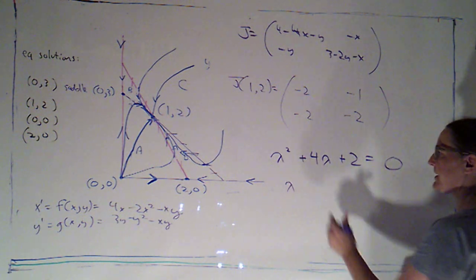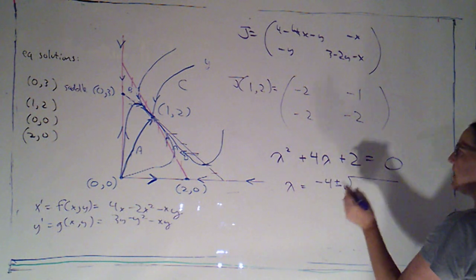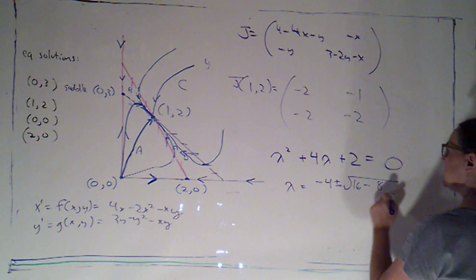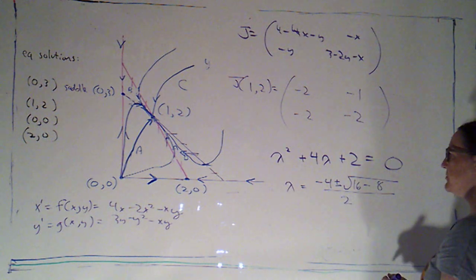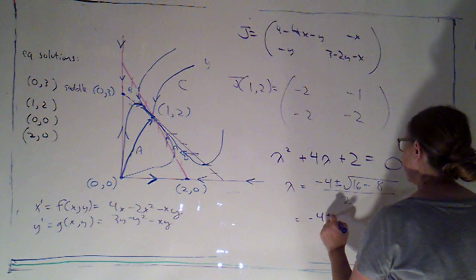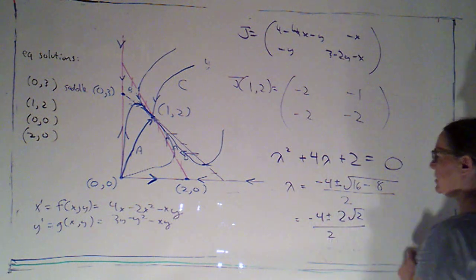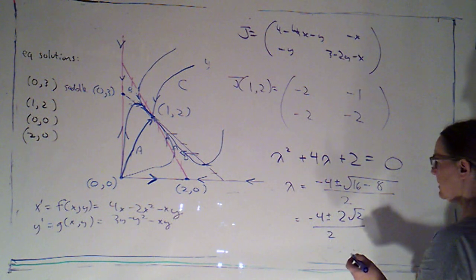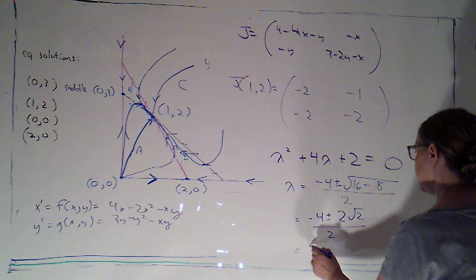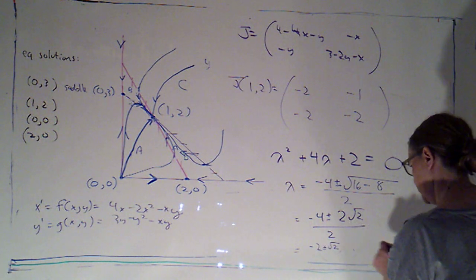So, using the quadratic formula, lambda is going to be the opposite of 4, plus or minus the square root of 16 minus 8 all over 2. So that's negative 4 plus or minus the square root of 8, which is 2 root 2, all over 2. So that's going to be negative 2 plus or minus root 2.